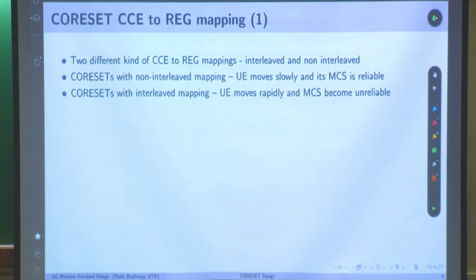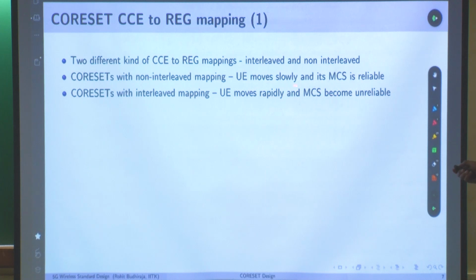What you try to ensure is to pick these REGs such that at least some of them observe good channel condition, so that the user is able to decode its DCI. If all of them observe bad channel condition, the UE will not be able to decode its DCI, and it's a bad thing to happen because the UE is not able to decode the control channel.